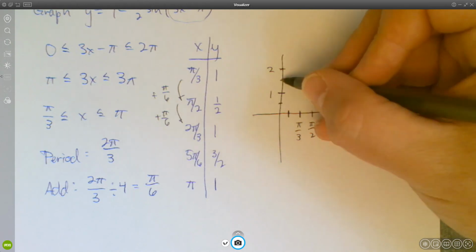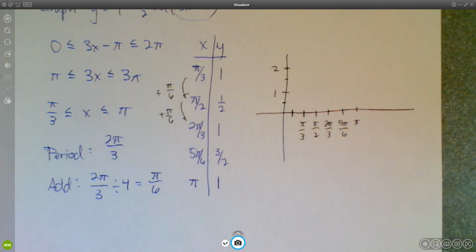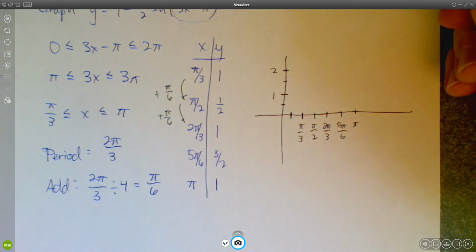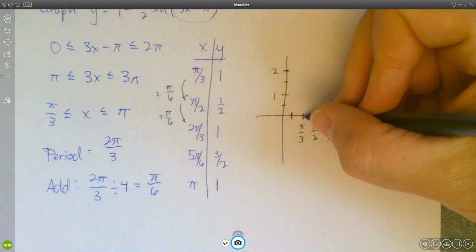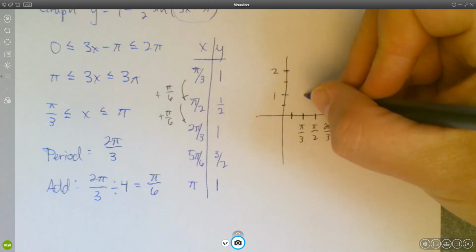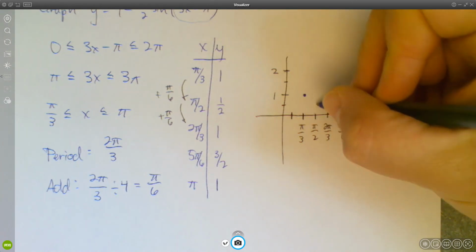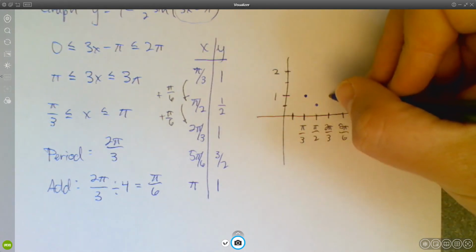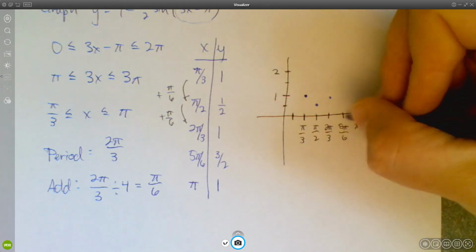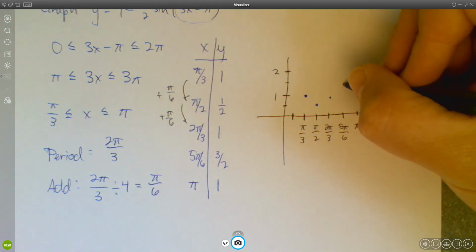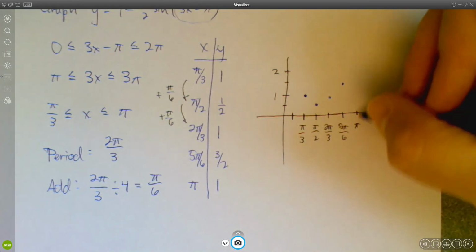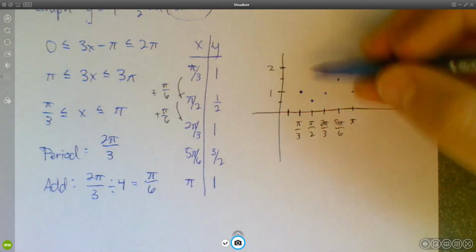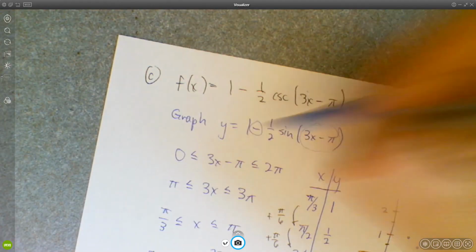So I've got 1/2 and 3 halves on there. Okay, so let's plot the points now. So I've got pi over 3, 1, pi over 2, 1/2, 2 pi over 3, 1, 5 pi over 6, 3 halves, and then pi, 1. Sure enough, there's that little sine curve. It's been flipped over though, right? Because of that negative sign right there.